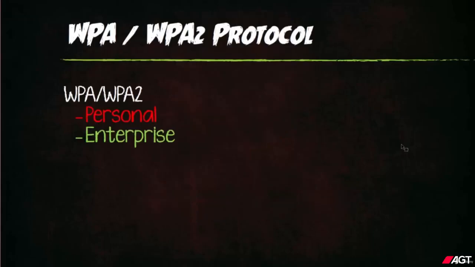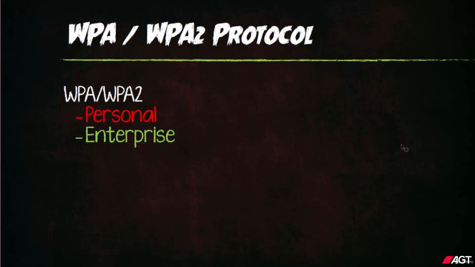Now we are going to start with the WPA and WPA2 protocols, which are the latest protocols. There are two types of these protocols: one is personal and one is enterprise. Personal is used in homes and small offices, and enterprise is used in big organizations.